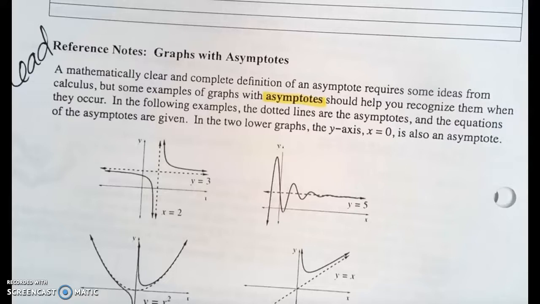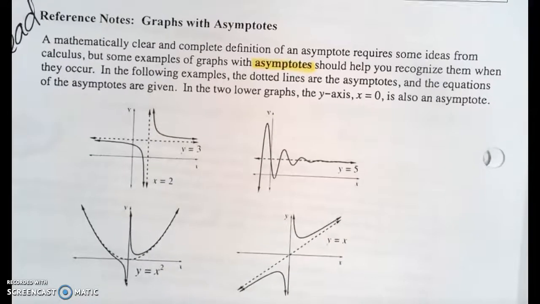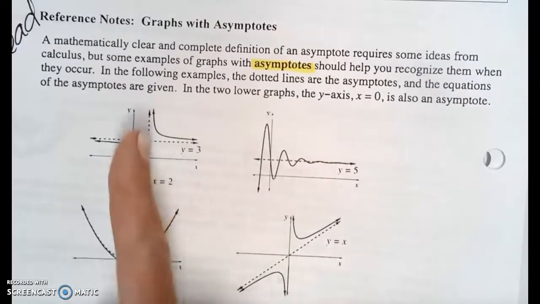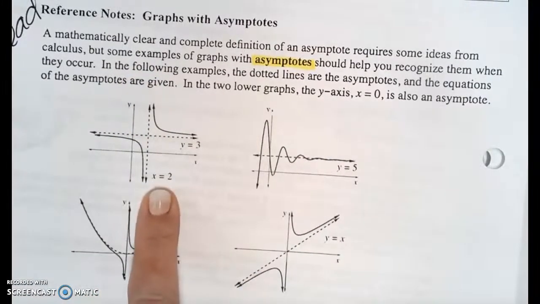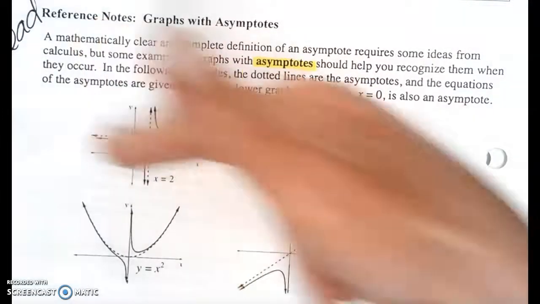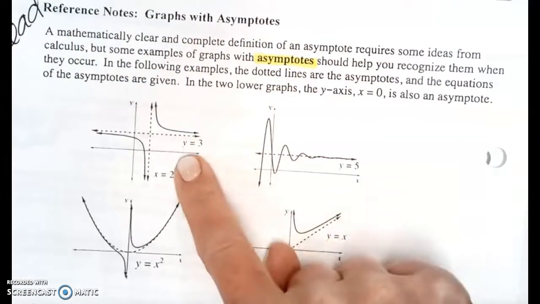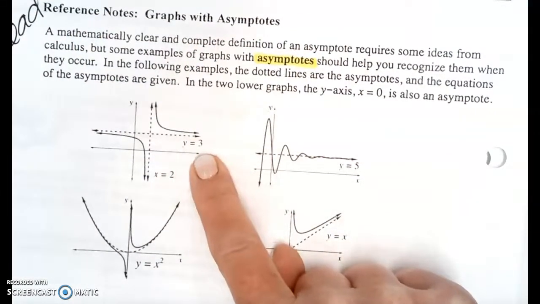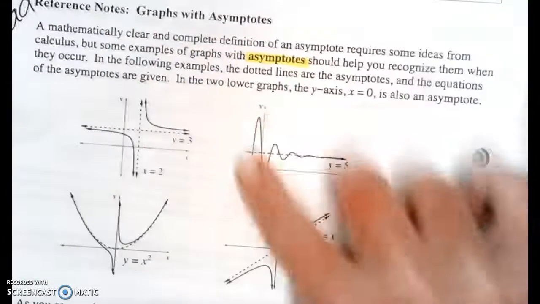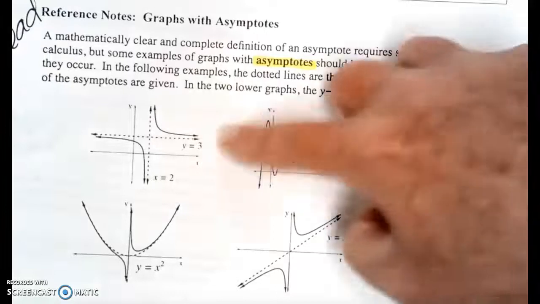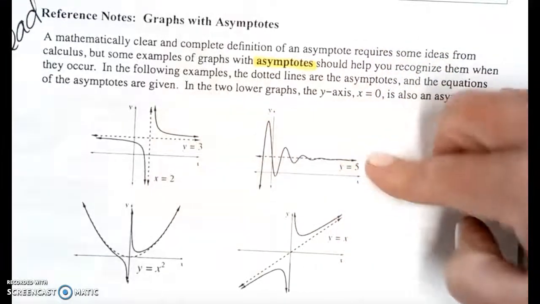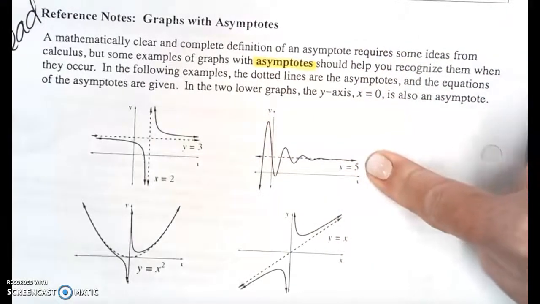So the asymptote is usually drawn in with that dashed line. So in this first one, here's your vertical asymptote at x equals 2, and your horizontal asymptote at y equals 3, okay? This one's a little different because it's not what it's approaching, but it's what all of the points are gathering around. The asymptote y equals 5.